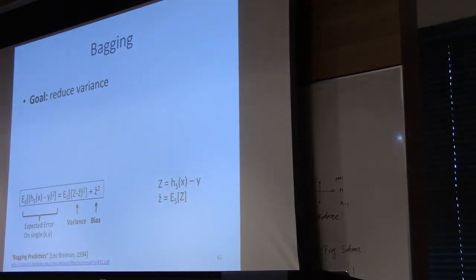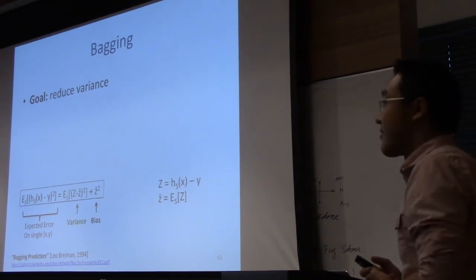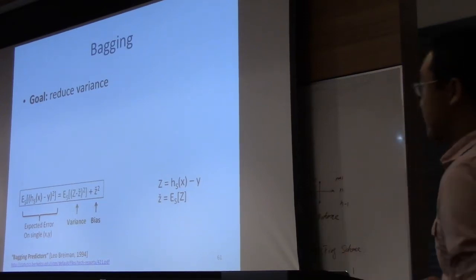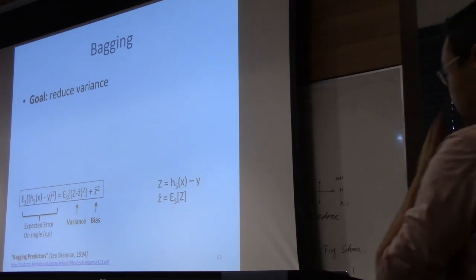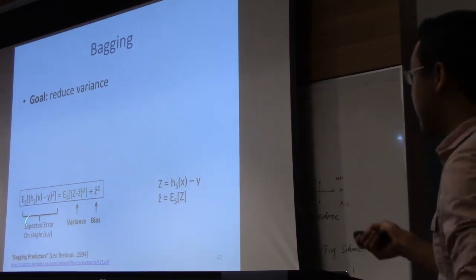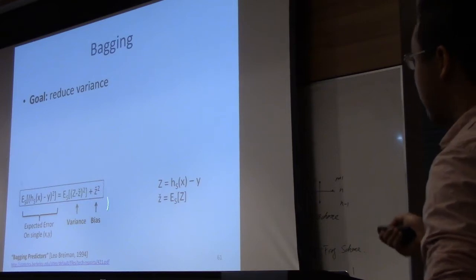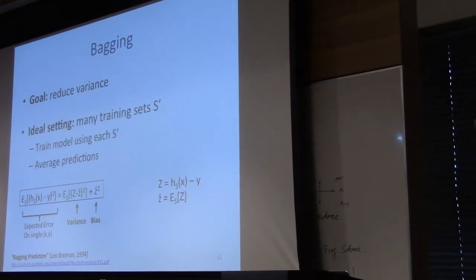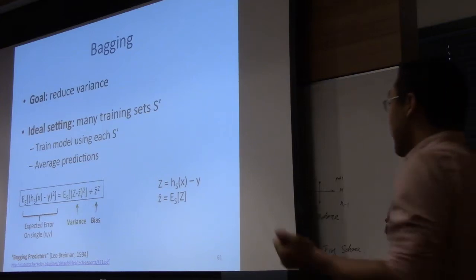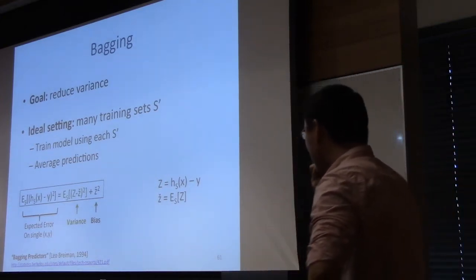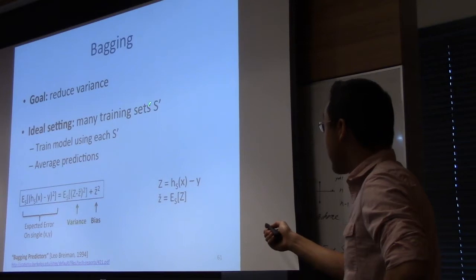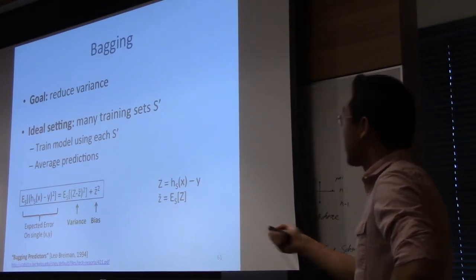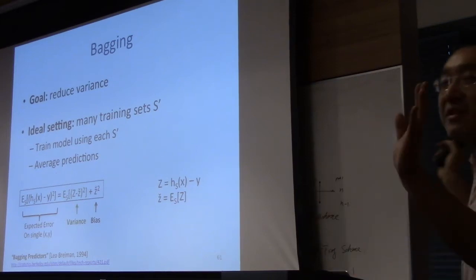Right? So bagging is a method to reduce the variance of a model class, and was popularized initially for decision trees. Right? So what I've written here is simply the rewriting of the bias variance trade-off. In the ideal setting, we have many such training sets, let's say infinitely many.